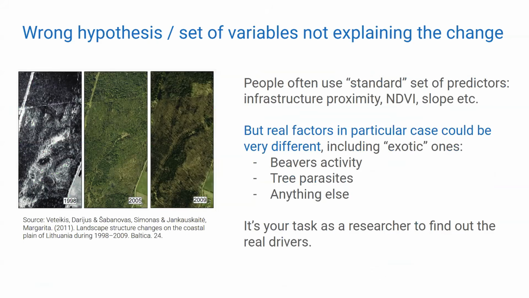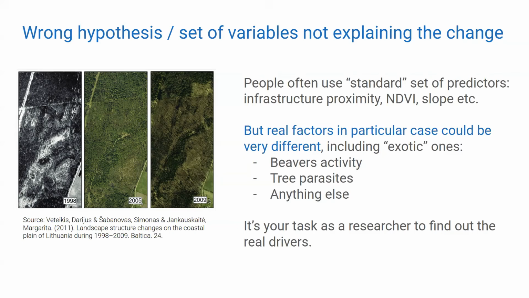Modeling success heavily depends on the hypothesis you propose. When selecting spatial variables explaining the change, yes, we used buildings proximity, roads proximity, touristic points proximity, and slope, elevation as predictors today. And people often use some standard sets of predictors, the same infrastructure proximities, NDVI index values, slope, etc., as we did today.